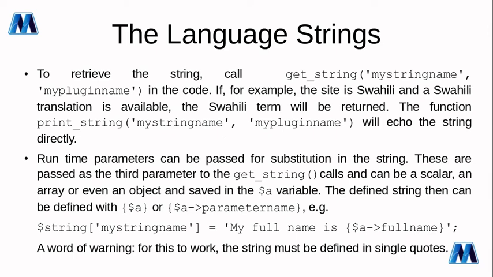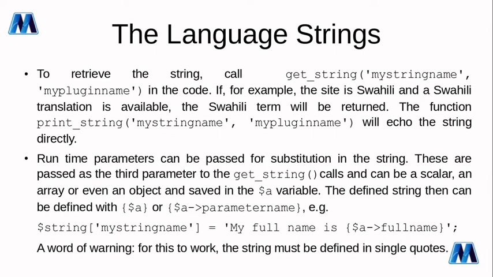So if, let's say, the site is in Swahili, then the code will look in the Swahili language file to get hold of the string. The function print_string will just echo the string directly. So get_string into a variable, print_string, echo it directly.